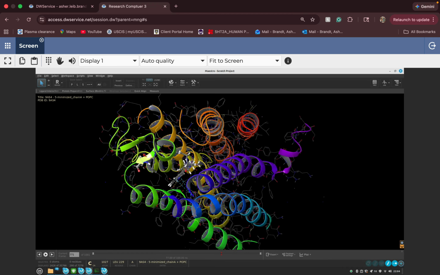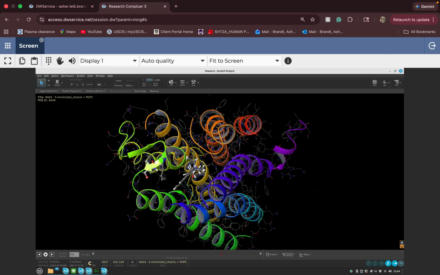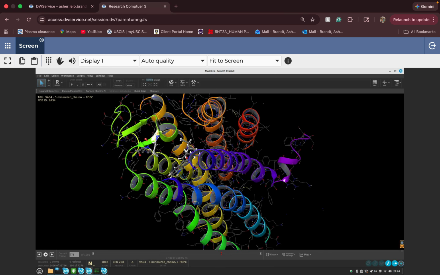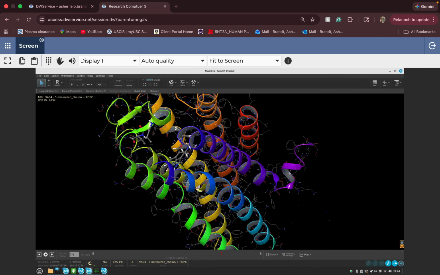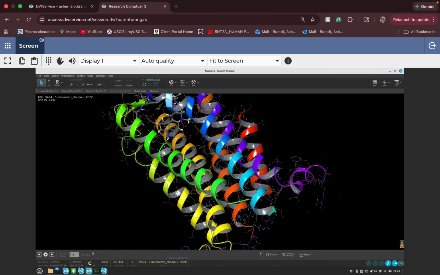There's 229 right there. There's 228. In MD, they both do interact with the diethylamide moiety, wedging it down inside the receptor.